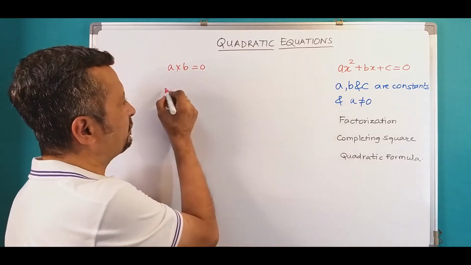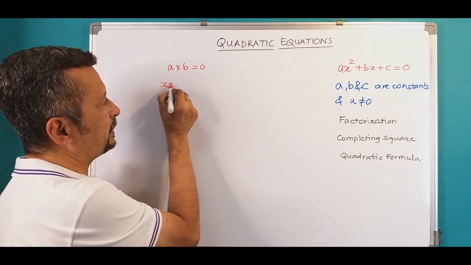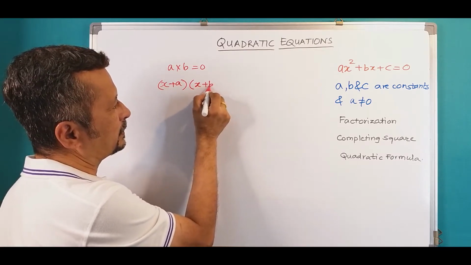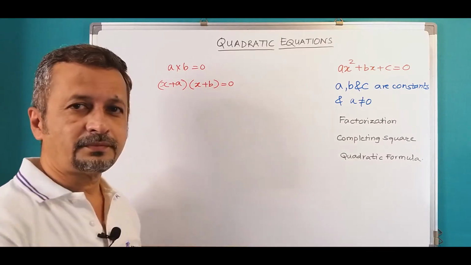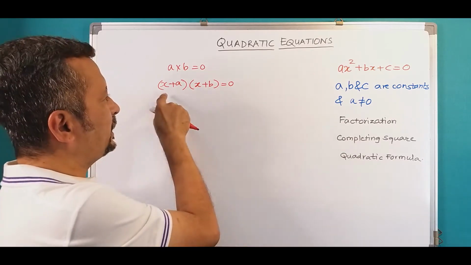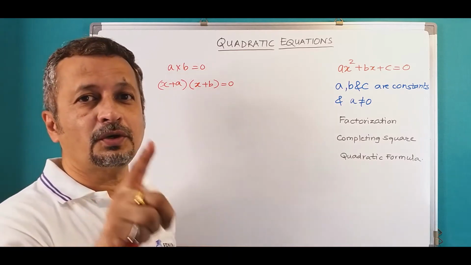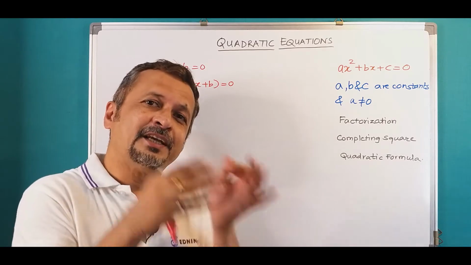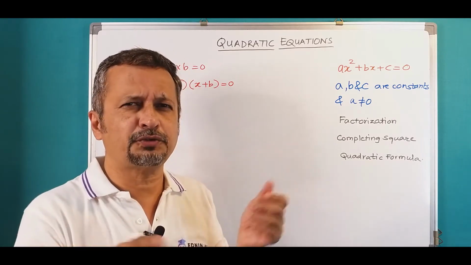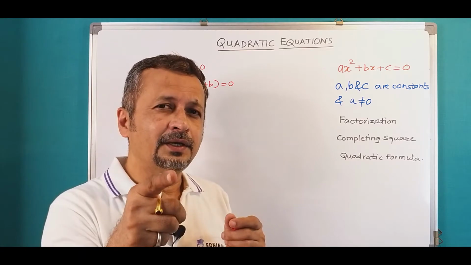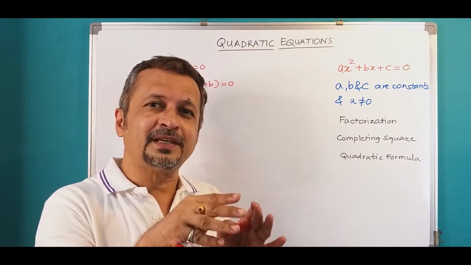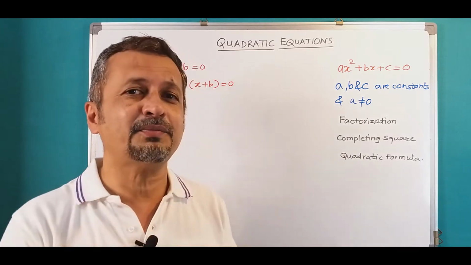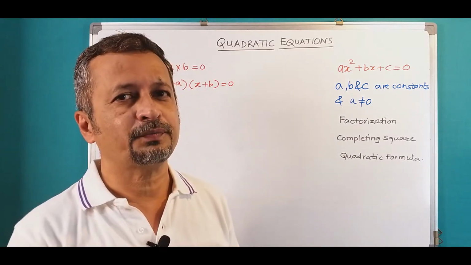Likewise, if I write (x + a) multiplied by (x + b) = 0, then either x + a should be 0, or x + b should be 0, or both have to be 0. In the third case, it would mean x + a = x + b = 0, so a and b would have to be equal to 0, correct?